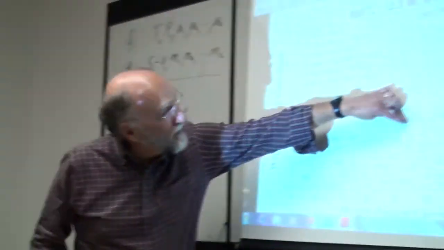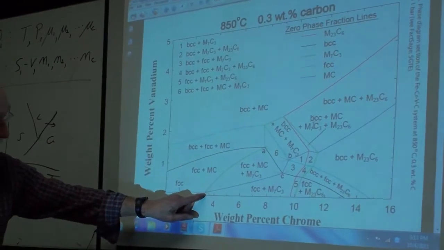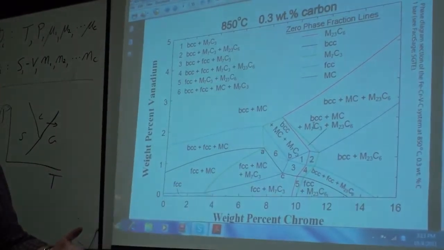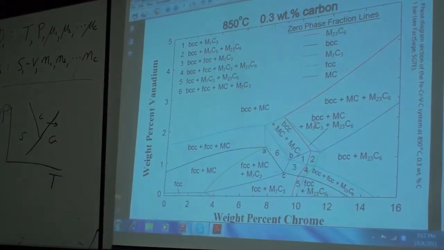And down here, that's number 6, it's BCC plus MC plus both of the others. So these are alpha 1 and alpha 2, that's beta, that's gamma, and this is alpha 1, alpha 2 plus beta plus gamma. And all regions are that way. Here you have 2, 3, 3, 4, here you have 1, 2, 2, 3. All nodes are like that.